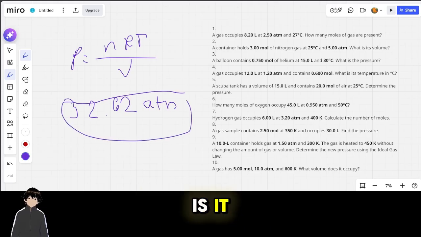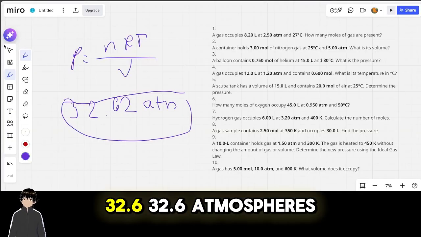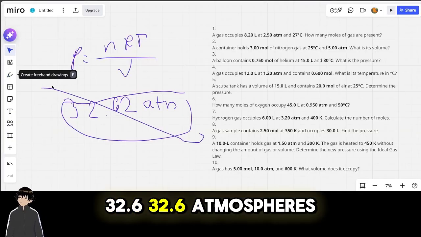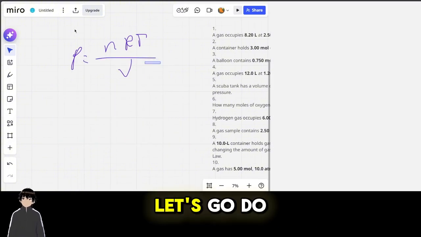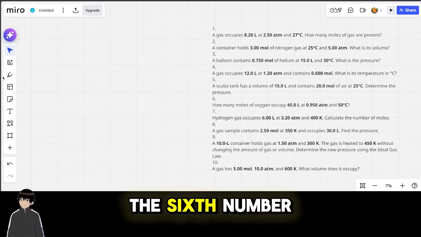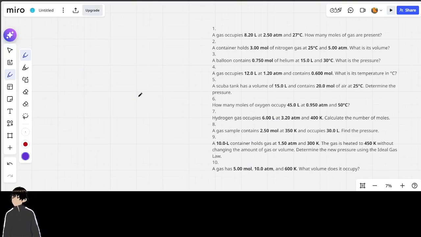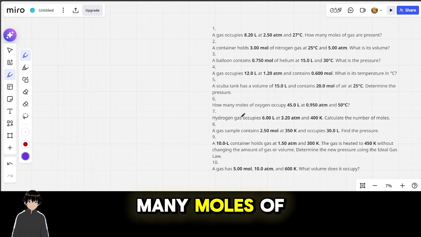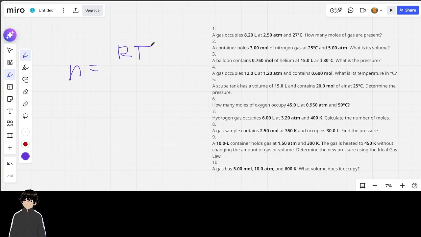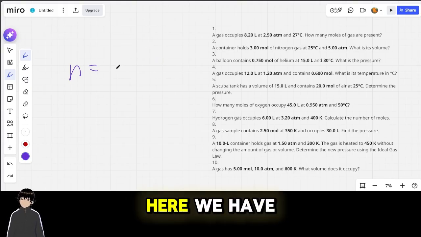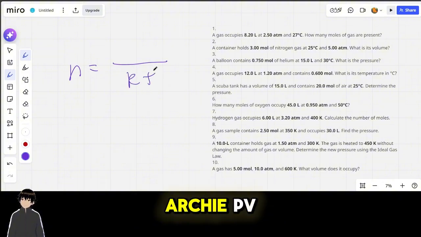I believe that is it. Let me see. Yeah, 32.6 atmospheres, correct. Let's go do the sixth number. Okay, so we're trying to find moles. If we're trying to find moles here, we have RT, PV.